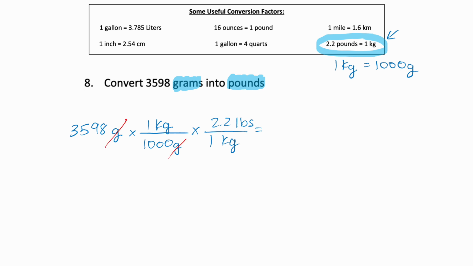So grams canceled out and kilograms canceled out. I'm left with pounds. And I do have a number in the denominator here, so I am going to have to divide by 1,000. So in my calculator, I do 3,598 divided by 1,000, press equals, and then multiply by 2.2 since it's in the numerator, and I get 7.916 pounds.